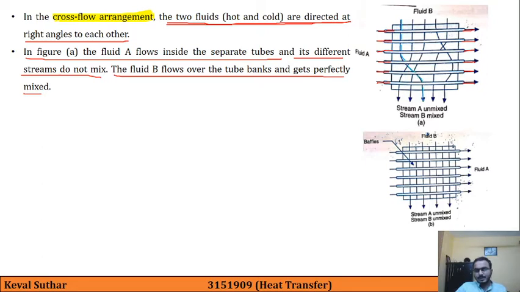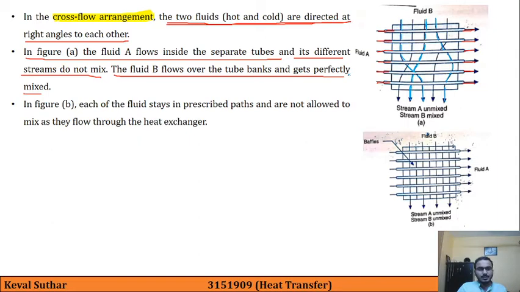So fluid B gets mixed here, in this way. So it is allowed for mixing of the fluids.